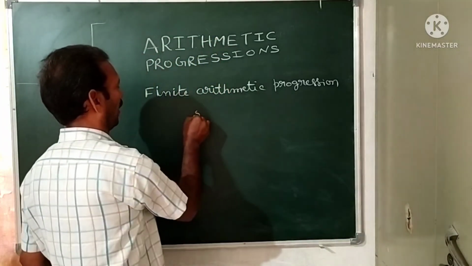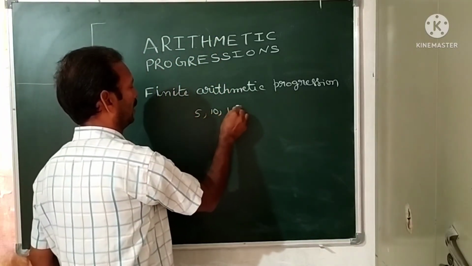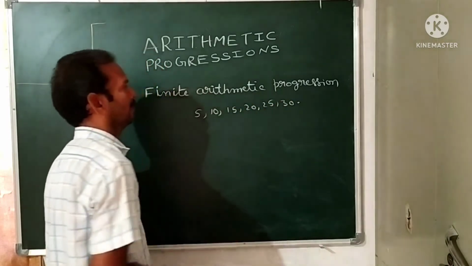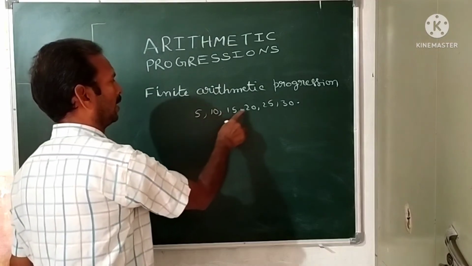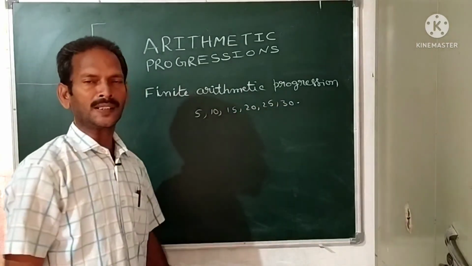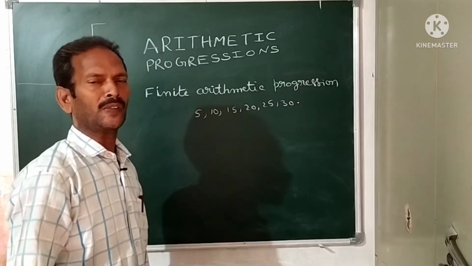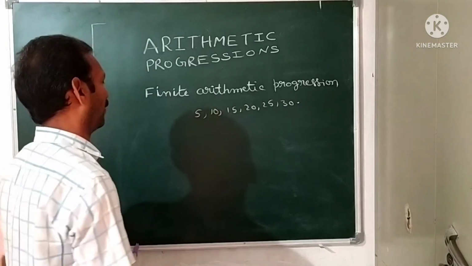For example, 5, 10, 15, 20, 25, 30. Completed: 1, 2, 3, 4, 5, 6 terms are there. It is a finite arithmetic progression. Not only 6, 10, 20, 30, like that; if you take a fixed number of terms, it is finite.